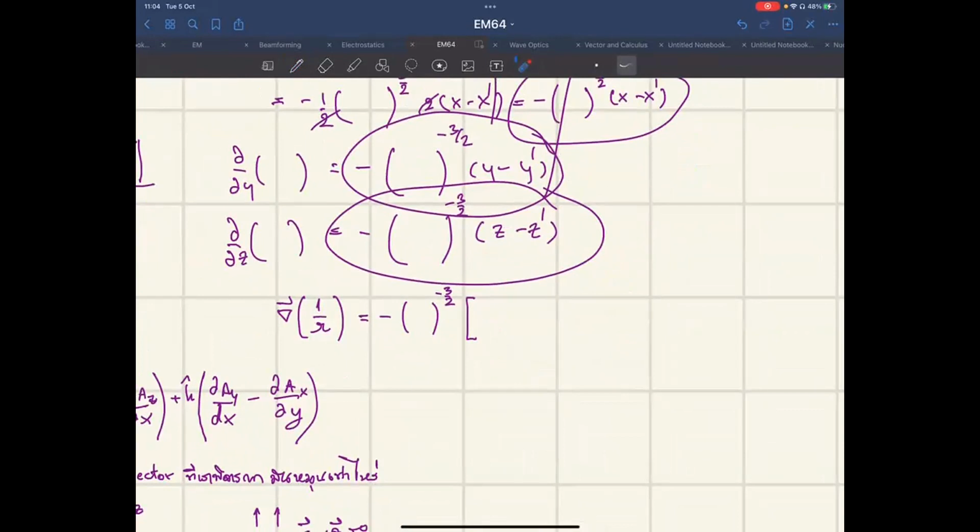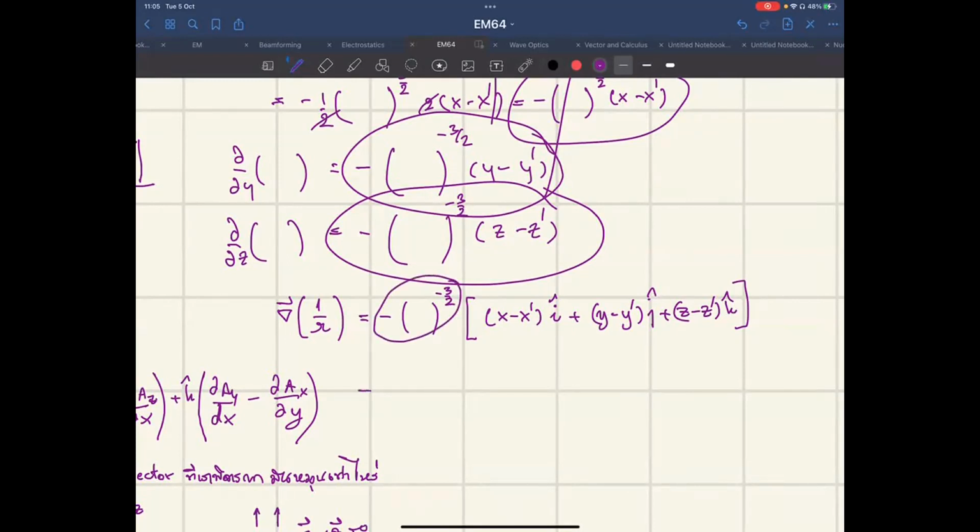What we have left inside is x minus x prime i plus y minus y prime j plus z minus z prime k. Any questions? No questions.